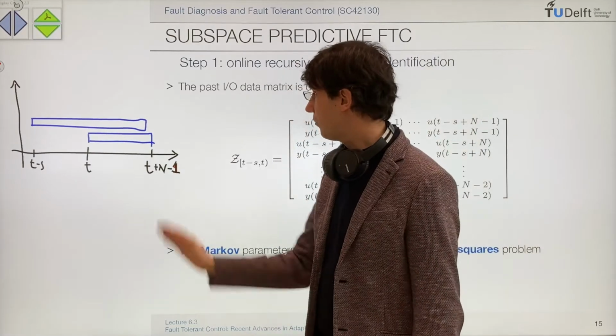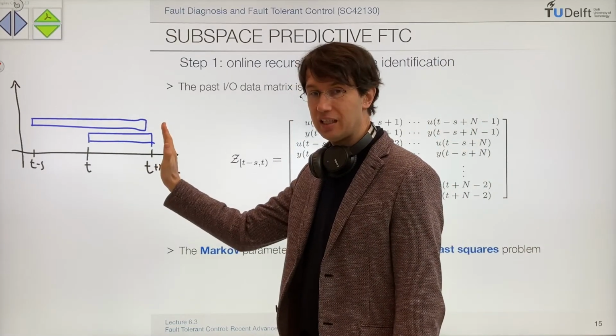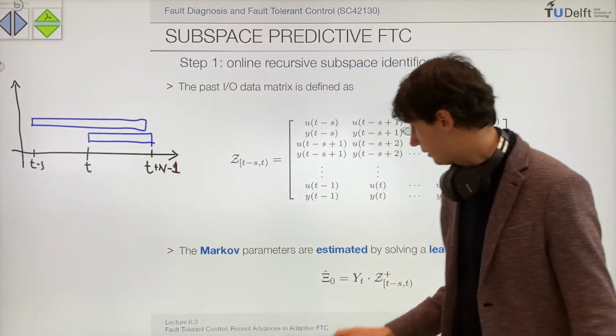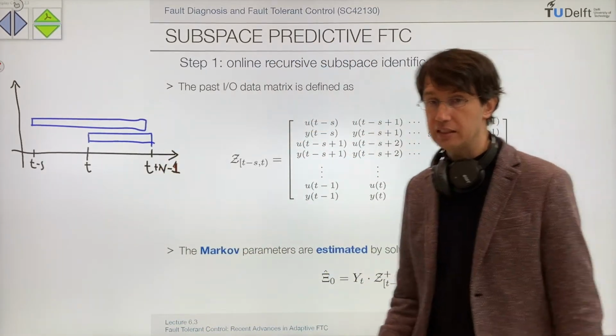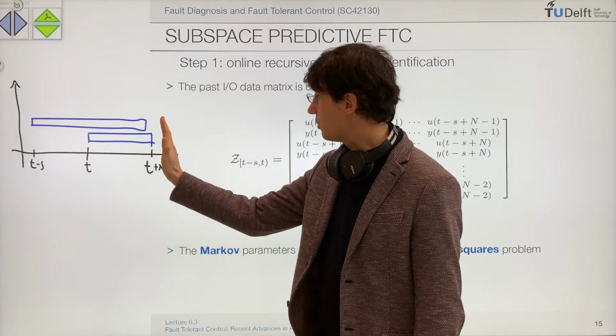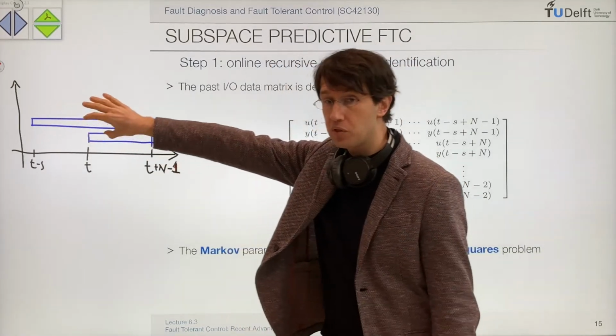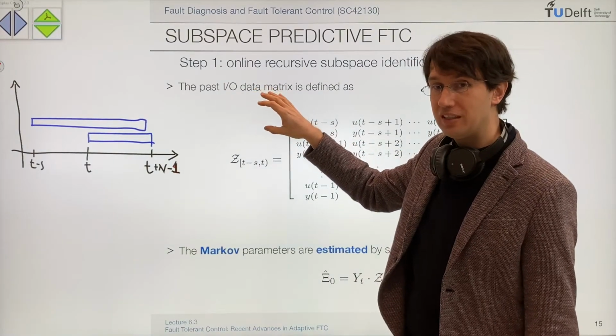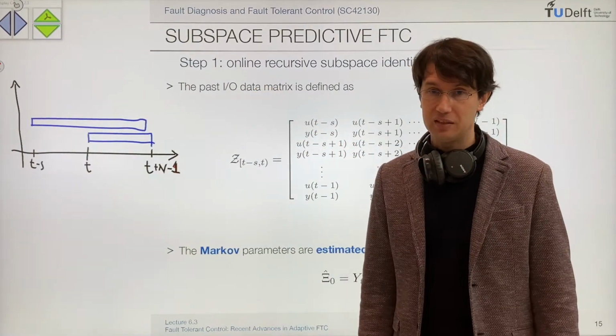So if you have a fault here, initially you cannot estimate a new model that is taking that fault into account. You need to wait for these 2 windows to move forward in time and cover data that is faulty.